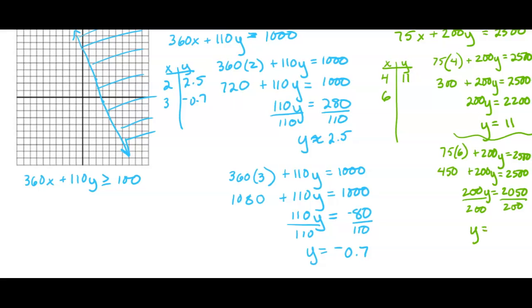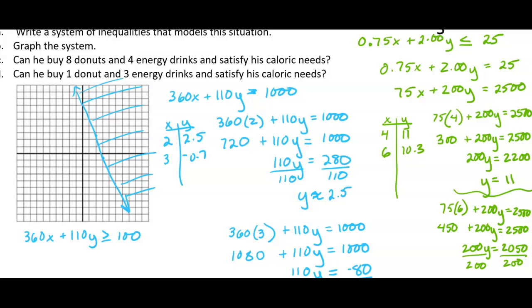Y equals, so we had decimals on the other part too. 10.25, so 10.3. And this is approximate, so we're just getting the general area. And for what we're doing with this graph, that's going to be okay. 10.3.